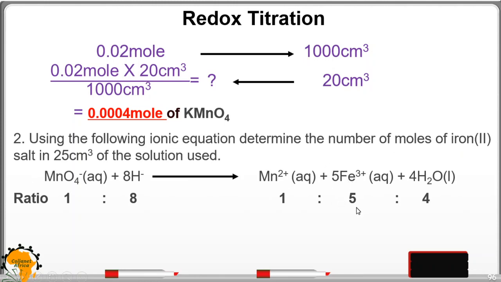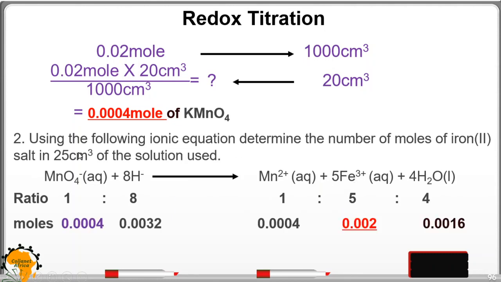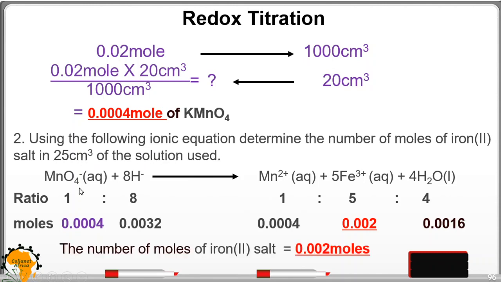Oh, they are here. We know the number of moles of manganese, so we place it there. Knowing the ratios, you multiply by 5 to get the moles of iron. So 0.002 moles of iron(II) salt in 25 cm³ of the solution.